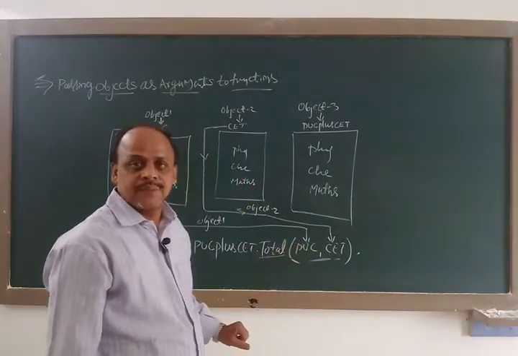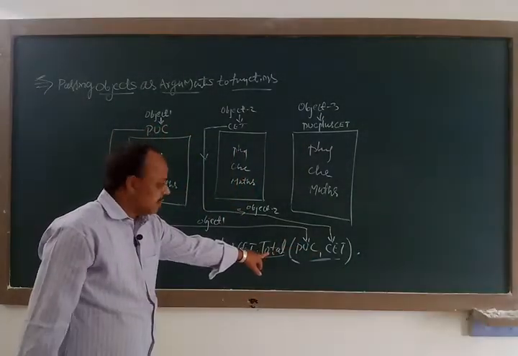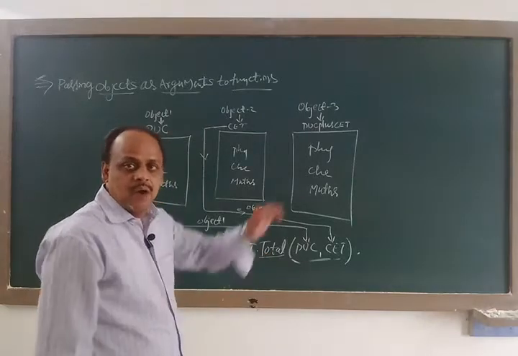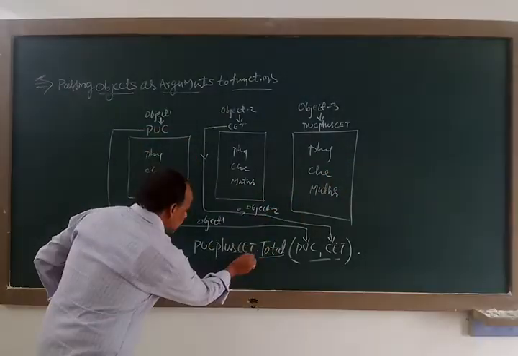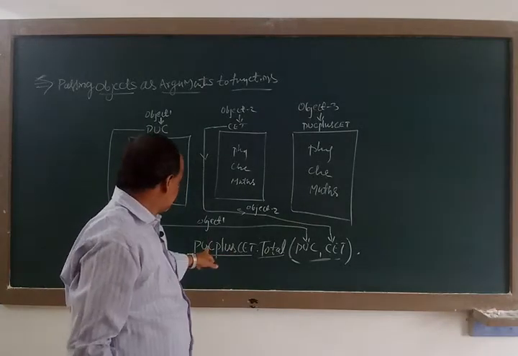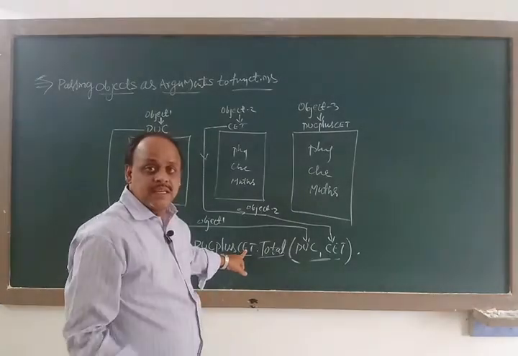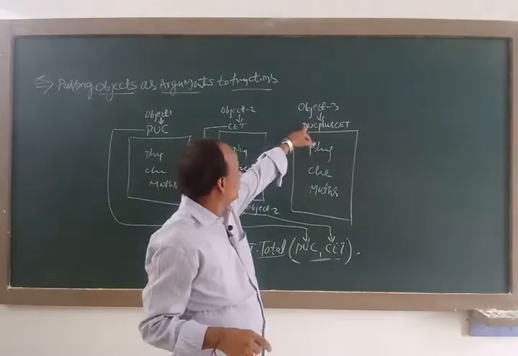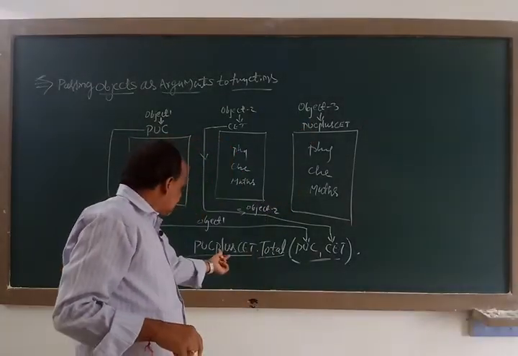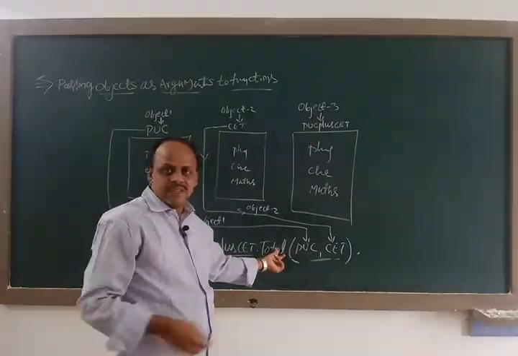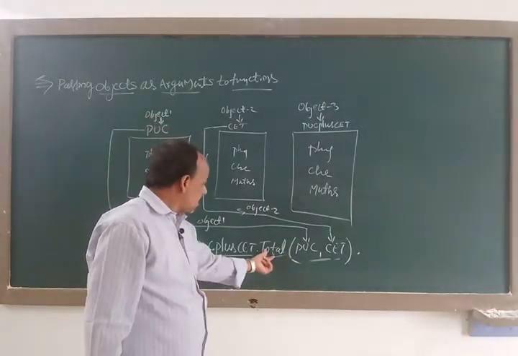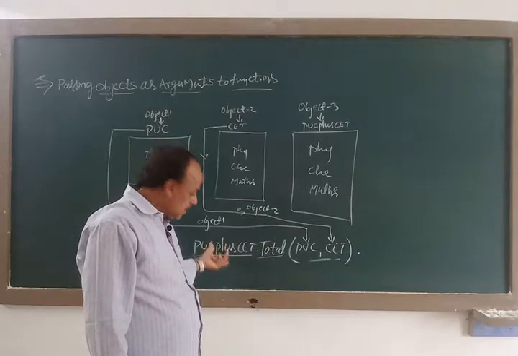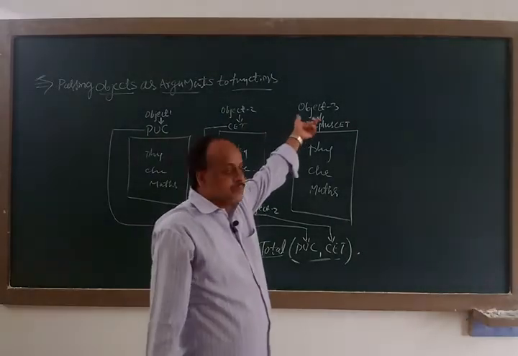This is the topic. So how to call a member function with the help of an object? So PUC plus CET is another object, object 3. Object dot member function, total is a member function. So how is a member function called? With the help of an object. That's why I take one more object, object 3.